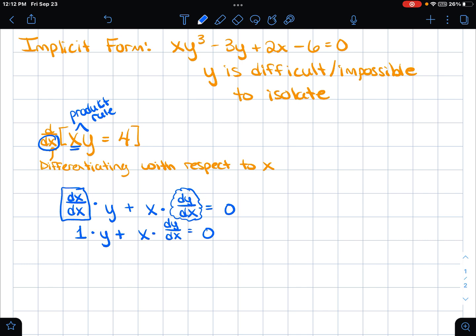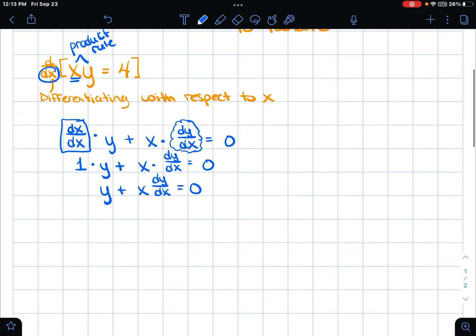Okay, our goal is to isolate the dy dx so that we can figure out what the slope of this equation is going to be. So we've got y plus x dy dx equals 0. I'm going to isolate that dy dx, so I'll subtract the y from both sides.